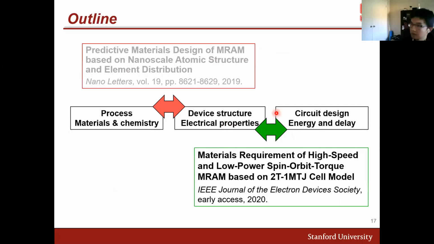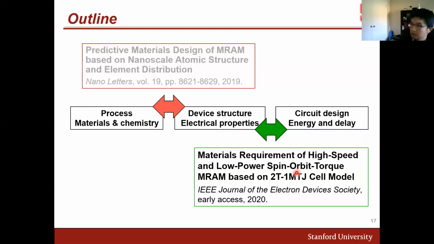We will discuss the materials requirements set by the circuit energy and delay goals here. But I'm not going to touch upon the correlation between these two parts. You will see that in a minute.